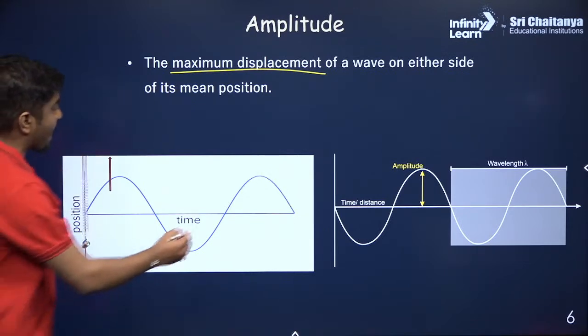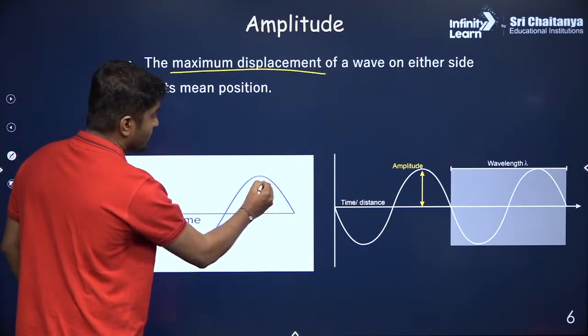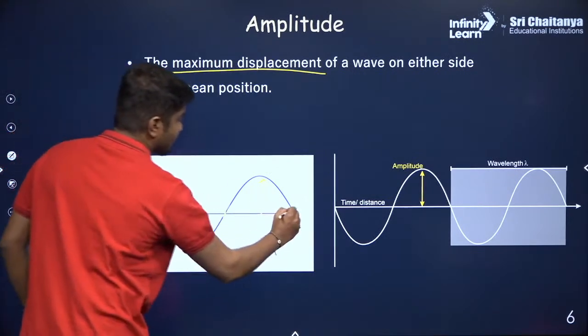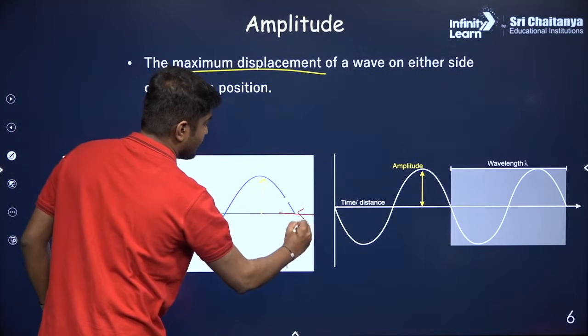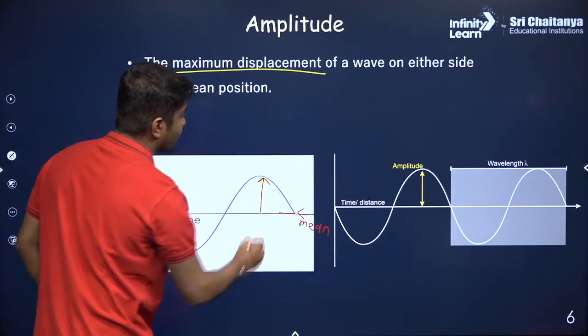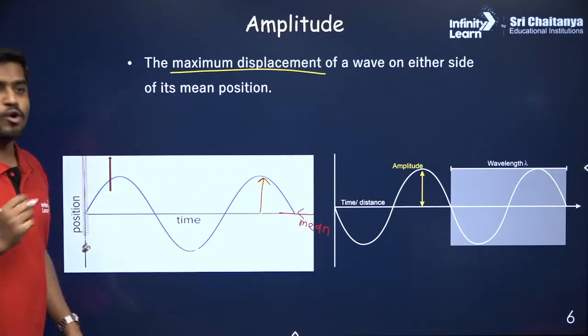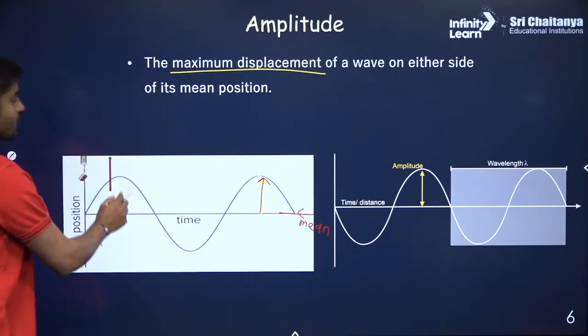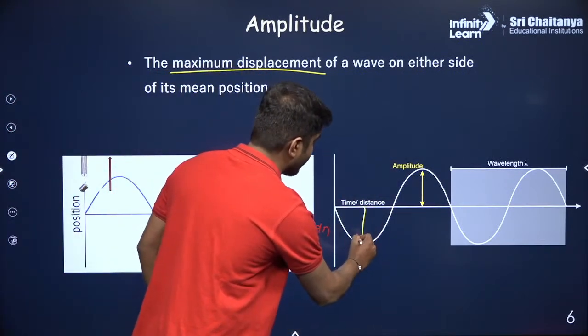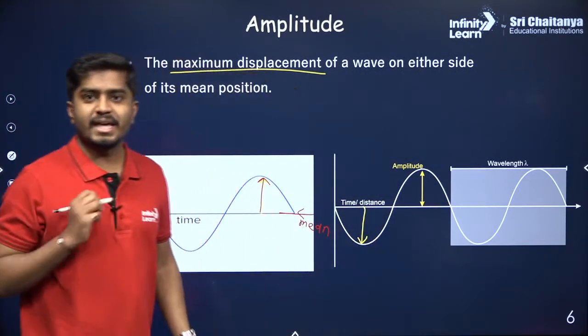This is the maximum displacement from the mean position. This position here is called the mean position. So the maximum displacement from the mean position is called amplitude. In both directions, the value of the amplitude is going to be the same.